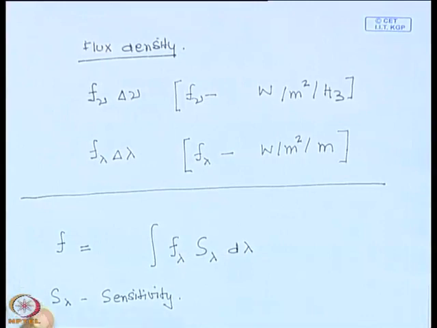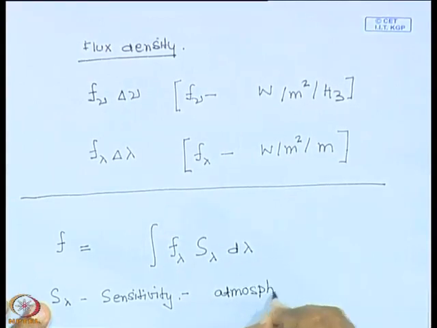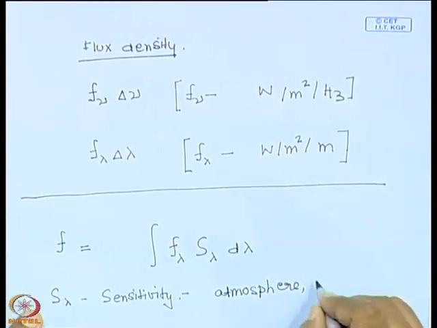incorporates the effect of the atmosphere that we are looking through. After all, every observation from the earth is through the atmosphere, and the atmosphere may not allow all wavelengths to pass through equally. Then it also includes the telescope.